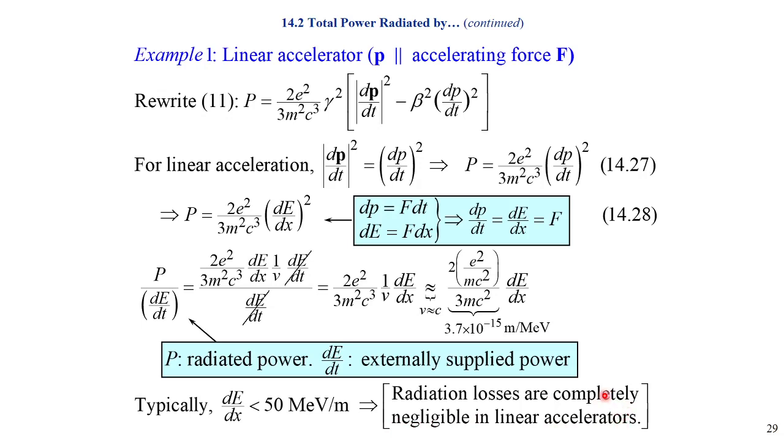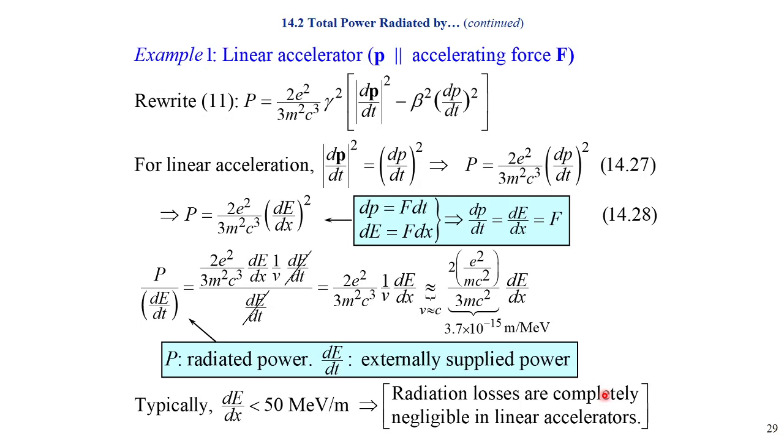That's good news. That means we can use the linear accelerator to accelerate the particle, and the particle loses just a very, very small amount of energy. That's very important for linear accelerators.